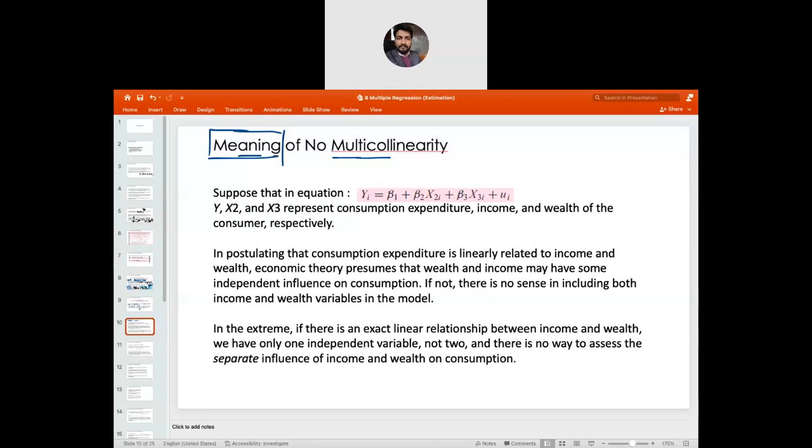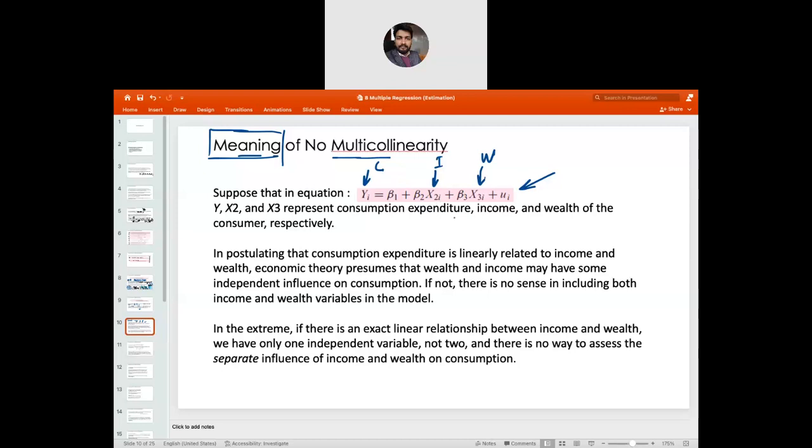Suppose we have consumption, income, and wealth as three variables in consideration. x2 is income and x3 is wealth and y is consumption expenditure. And suppose this is the PRF. So we are saying that consumption expenditure is linearly related to income and wealth, and that's what economic theory tells us.